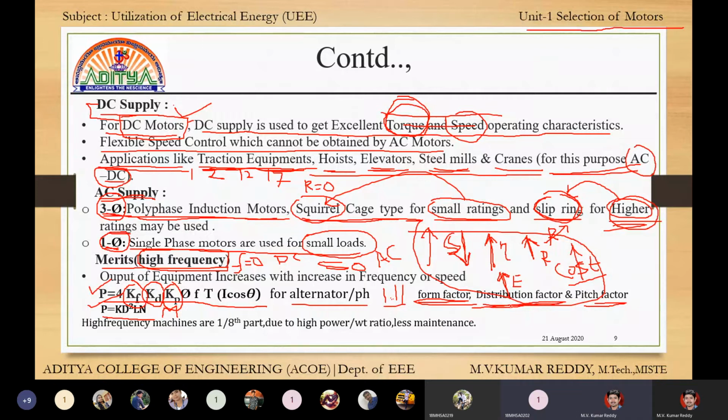In windings, we have one important factor, the distribution factor, and a second important factor, the pitch factor. Here pitch means the length from one wire to another wire. To what extent the winding is distributed is calculated with the help of the distribution factor.